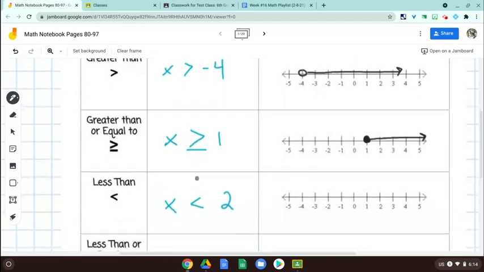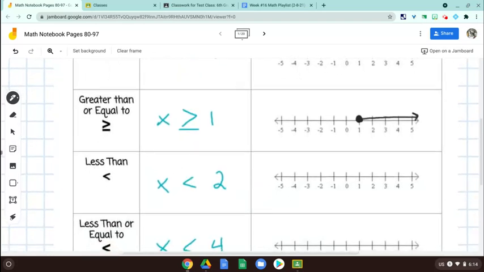And in our next example, we have less than, and the less than symbol. In our example, we have x is less than 2. So I'm going to graph this the same way I did above. I'll use green this time. I'm going to find 2.